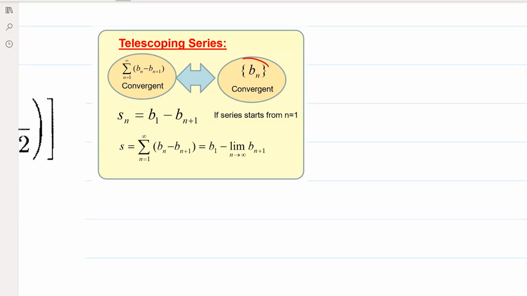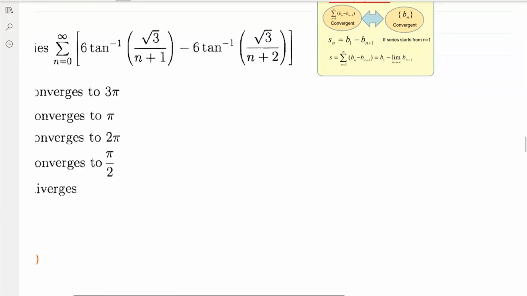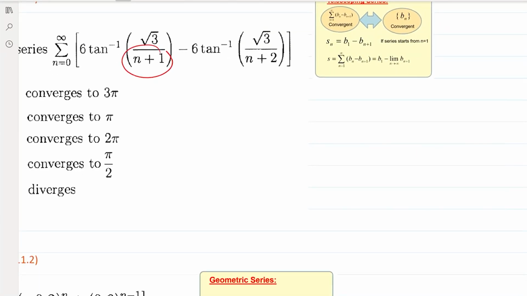This series will converge if P itself converges. And when a question asks you to find the sum, you have to think about a telescoping or geometric series, or something we will cover later, the power series expansion, like the expansion of sine, cosine or tan. So the telescoping series is one of the series which will give you the sum. How does it work? It works like the following. You have n plus 1 here and n plus 2 here. Do you know what Sn means?